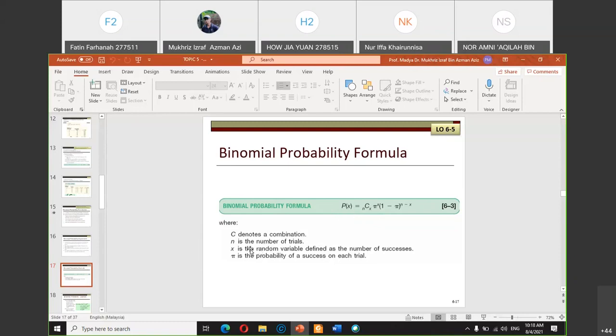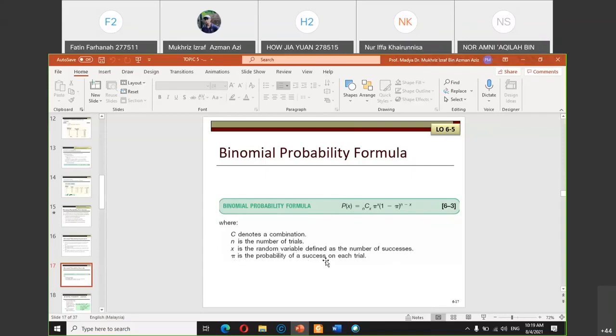So P(X) is the event that you specify: the probability of 10 students getting B plus, or the probability of 20 students getting A. So X is the random variable that you are looking for, whose probability you want to calculate. And pi is the probability of success.